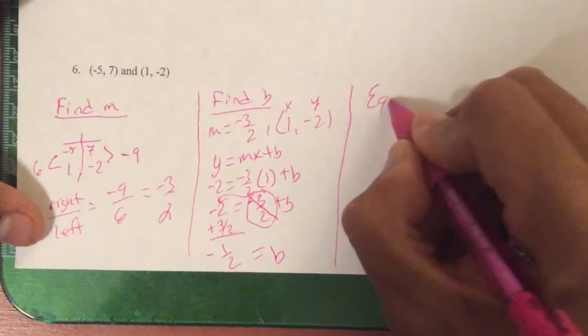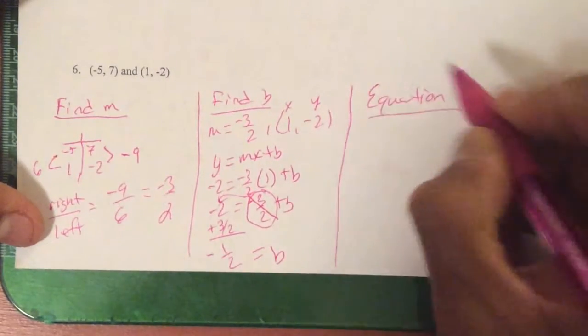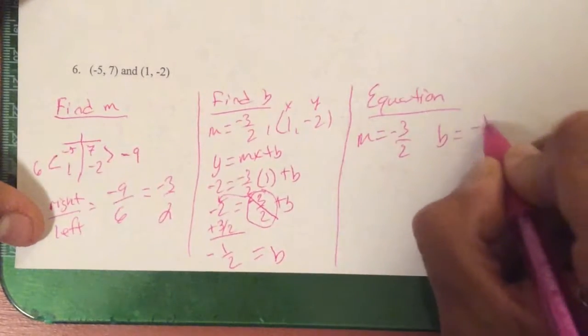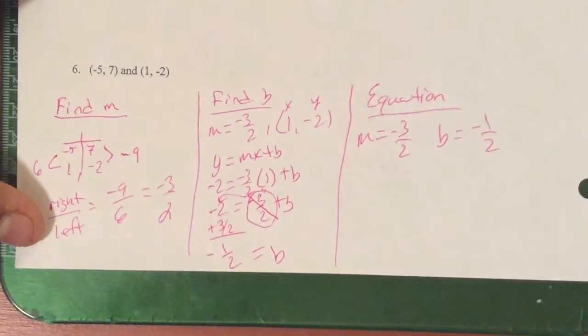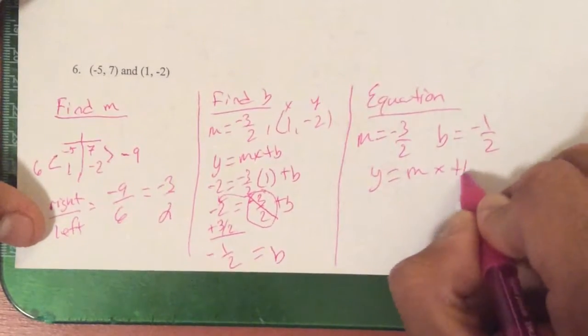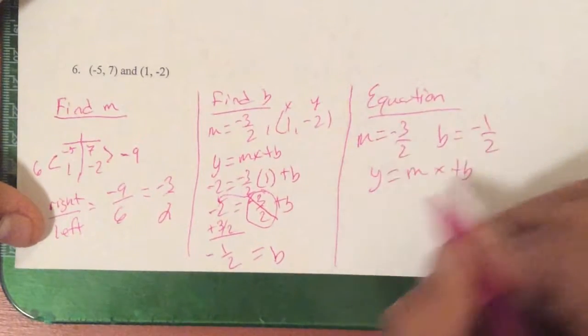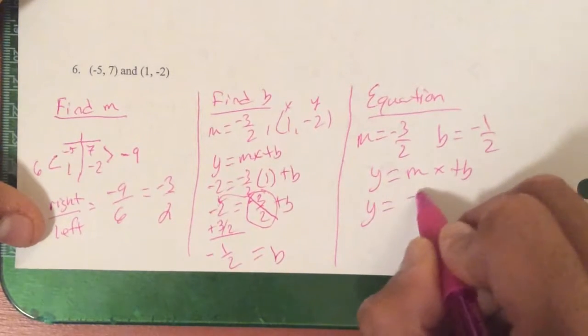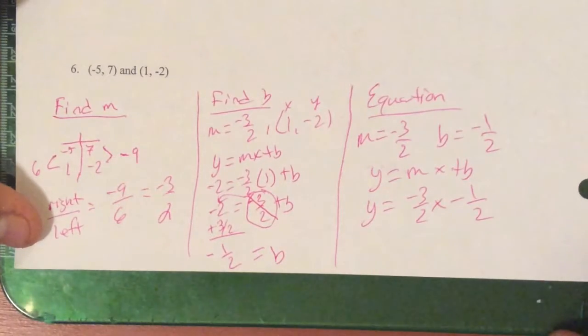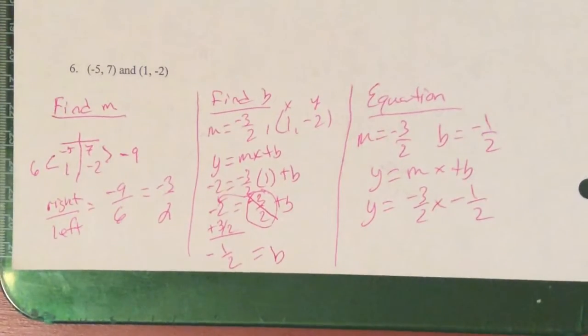So now the last step is to create an equation. So we know that the m is -3/2 and the letter b is -1/2. With that being said, I'm going to use the slope-intercept form, and I'm going to plug in my m and my b. So y equals -3/2 x minus 1/2. Okay, and there's my equation.